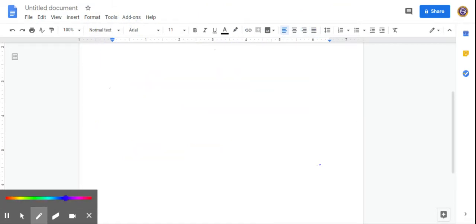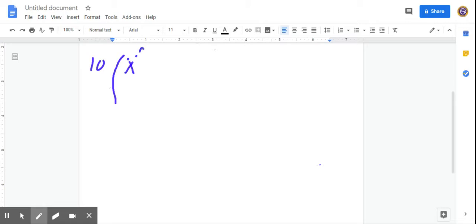All right, so number 10. Number 10 says x cubed over y to the 8th, to the 4th power. So now you have a power to a power.